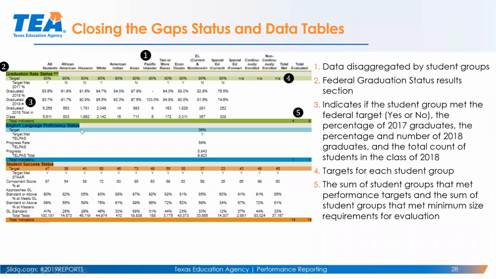Now, however, you might look at African American. African American did not meet their target. So why is this? So we have a no. I'm looking at African American. The total in class was 603. Of those that graduated and walked the stage, I have 553. Numerator over denominator gets me a 91.7. So why did I miss the target at 91.7 when the target was 90?